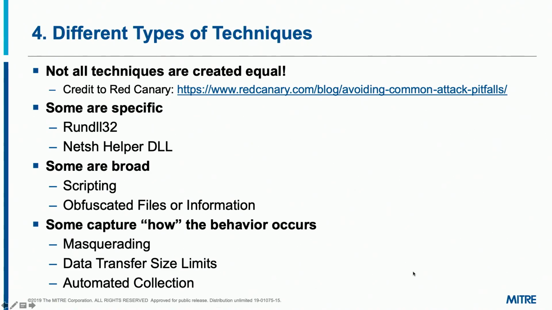Some are broad, so scripting covers a huge variety of activities, as does things like obfuscated files or information. They also can talk about different types of things. So as I was talking about before, some capture how the behavior occurs. So something like masquerading, that's going to be in conjunction with another technique, or data transfer size limits that are likely going to be combined with some other form of exfiltration.